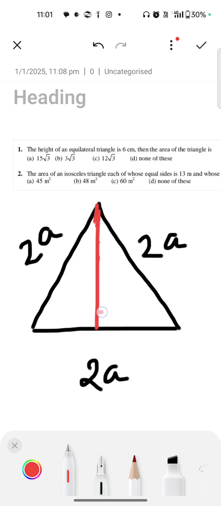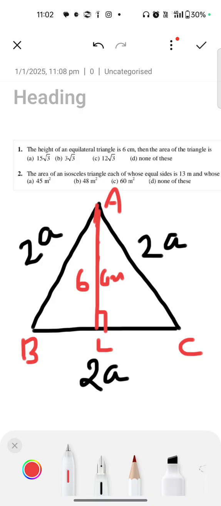Since it is an equilateral triangle, I can name the vertices A, B, C, and the perpendicular height will be AL. Now since the perpendicular height is given as 6 centimeters, I can write 6 centimeter here.